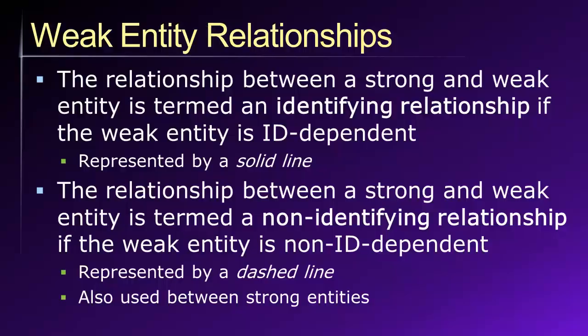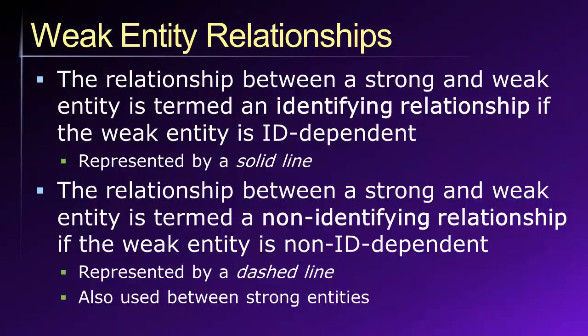So just to reiterate, ID-dependent weak entity relationships are known as identifying relationships. These are represented using a solid line on the entity relationship diagram. They are called identifying relationships because a part of the identifier of the weak entity is derived from the parent.